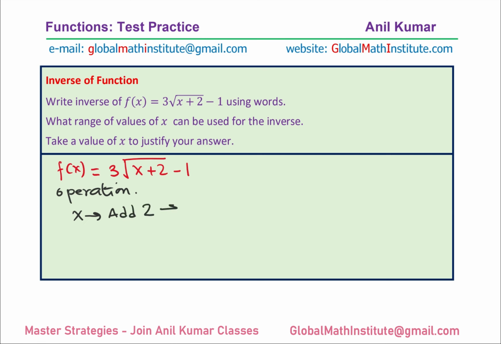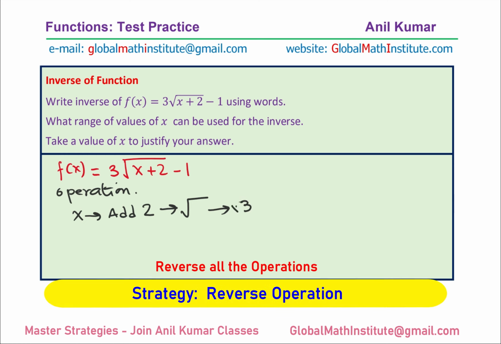And then what do we do? We square root. Let me write like this. And then what do we do? We times it with 3, right? So we do times 3. Let's write it. And then we take away 1. So these are the operations in order which are performed.